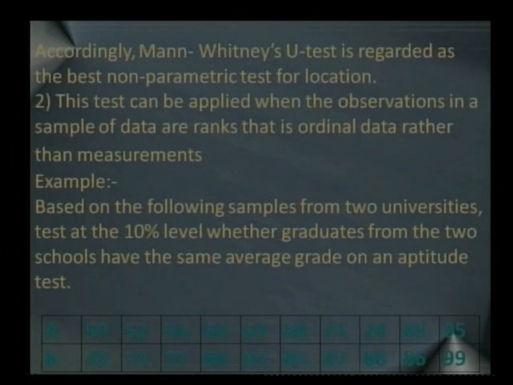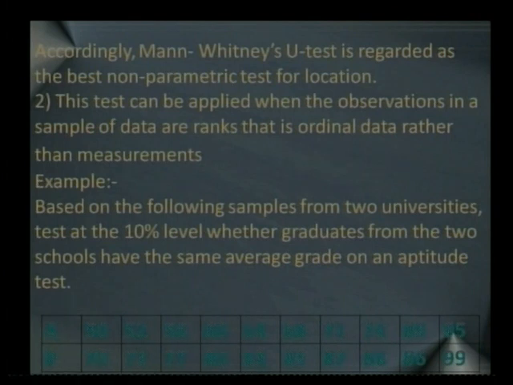So here I have taken the example on the samples of 2 universities, and a 10% level of significance is considered. The 2 schools have to test whether the graduates from the 2 schools have the same average grade on the aptitude test.